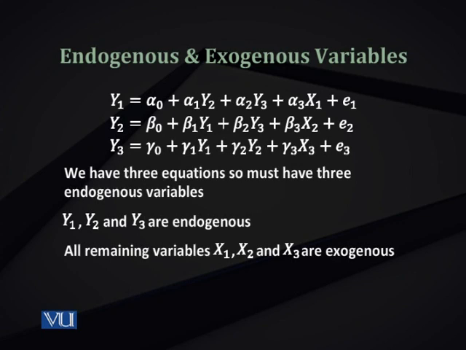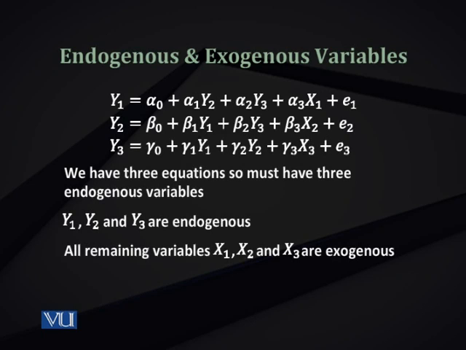So look at the model. You have three equations. Note that y1 has y2 and y3 and x1 as the explanatory variables, and y2 has y1 and y3 and x2. y3 has y1 and y2 and x3. So you can easily see that we have three equations, so we need three endogenous variables.